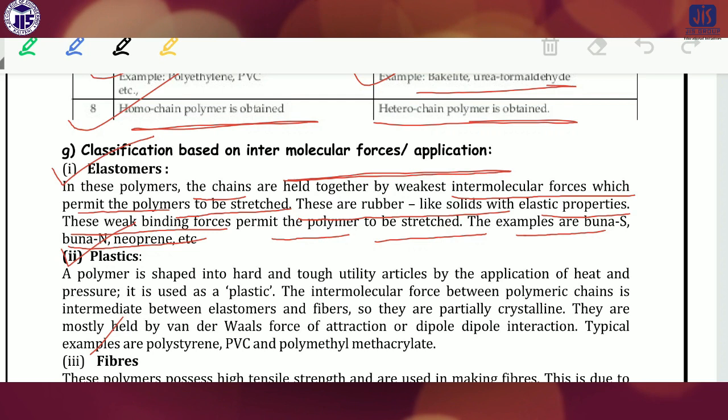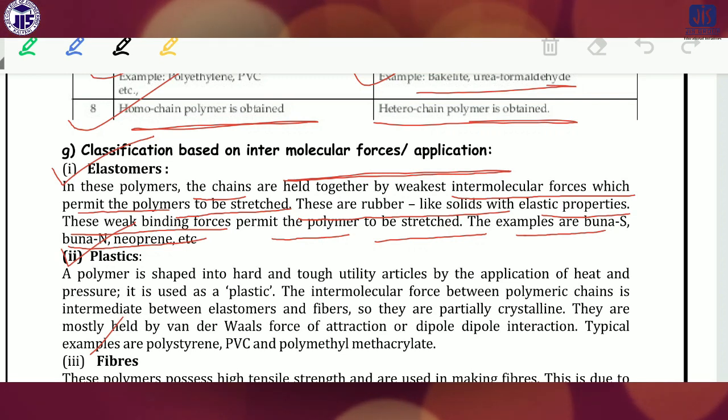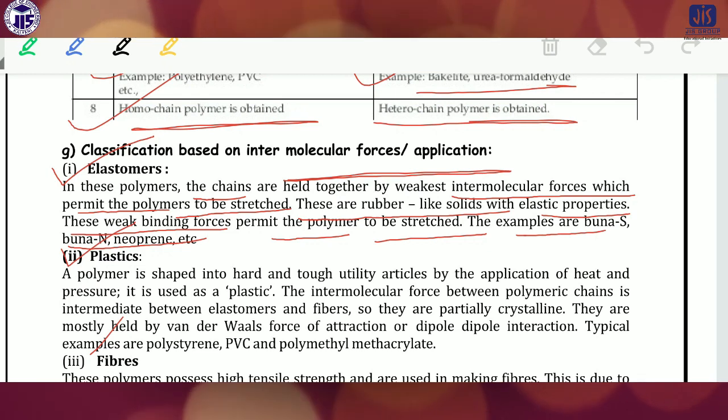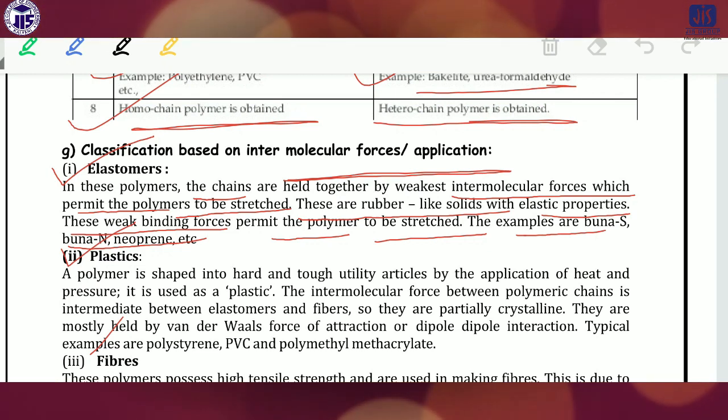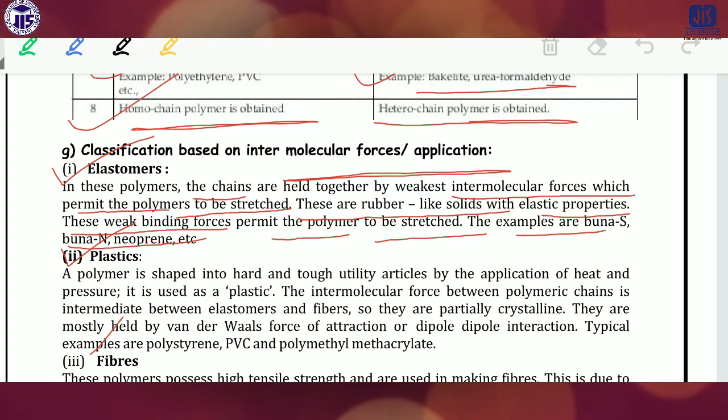Then come to the point of what plastics are. A plastic is shaped into hard and tough utility articles by the application of heat and pressure. It is used as a plastic. The intermolecular force is the main important fact, because intermolecular force differentiates different kinds of polymers.